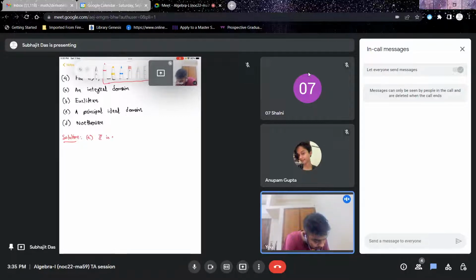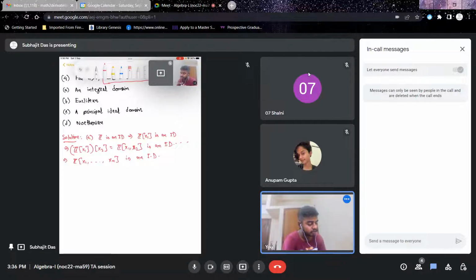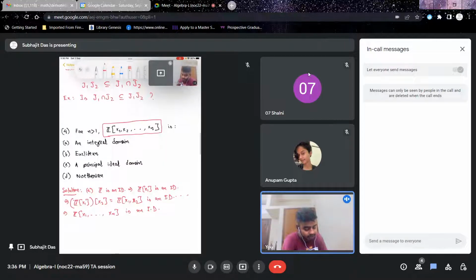Z is an ID implies Z[x1] is an ID, which implies that Z[x1][x2], which is just Z[x1,x2], is an ID. And if you keep on doing this, you get Z[x1,...,xn] is an ID, right? This is precisely what our argument is saying. So option A is certainly correct. There's no doubt about this.